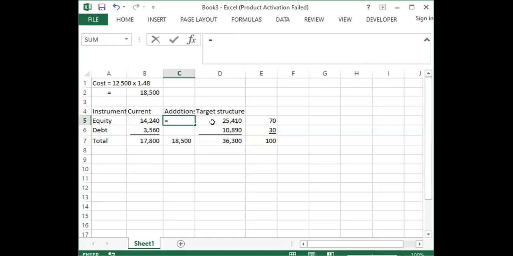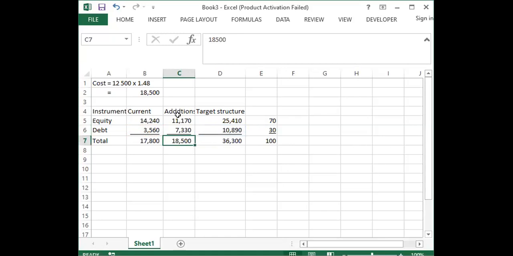So what are the balancing figures? This is basically 25,410, the difference between where we want to be and where we are. This is where we are currently, so which is 11,170. This is what you want to issue of equity. And again, at 70 there, this is our target, and this is where we are.